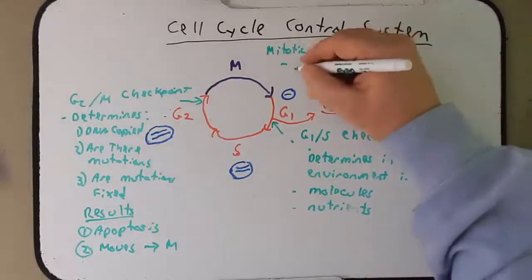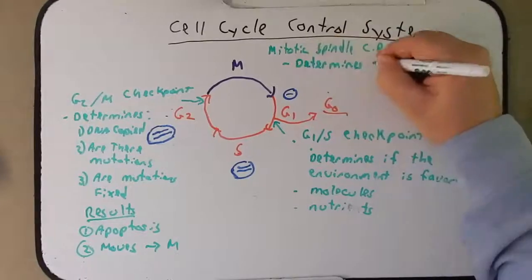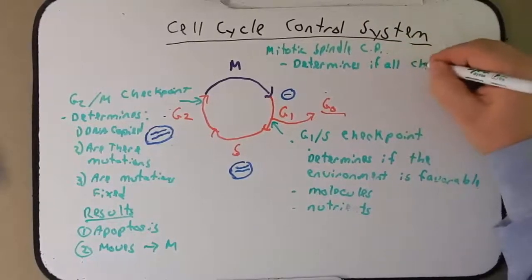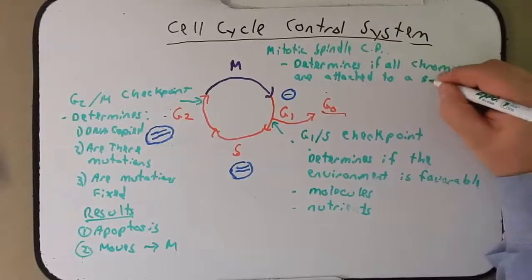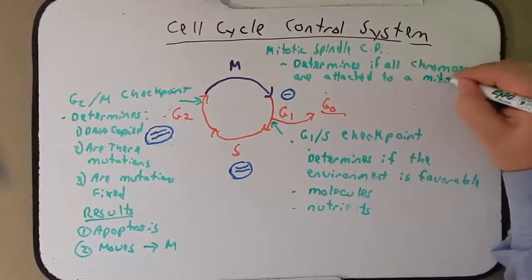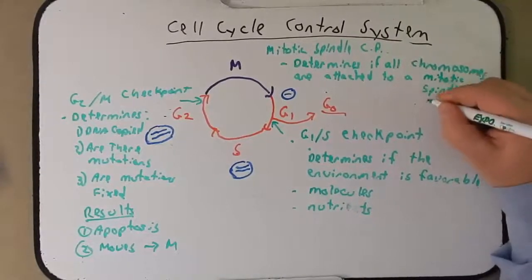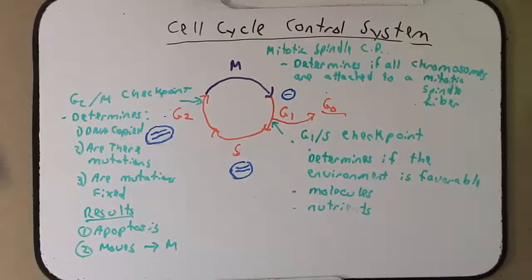So the spindle checkpoint determines if all chromosomes are attached to a mitotic spindle fiber, which is a specialized form of a microtubule. If they've all been attached, mitosis will continue and the cells will complete mitosis, separate through cytokinesis, and produce the 2 cells.